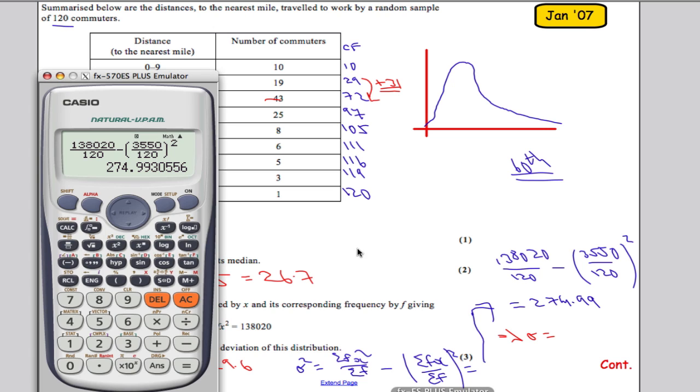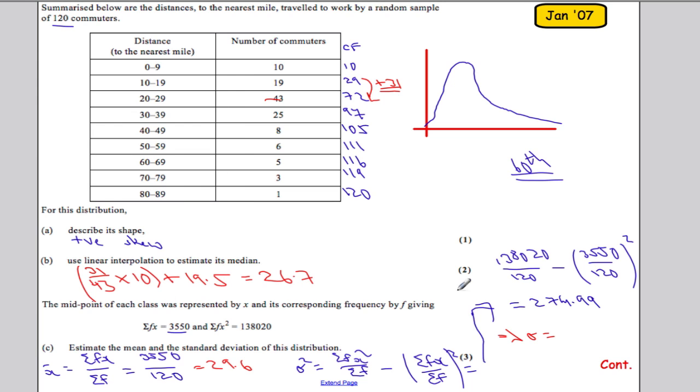So take the square root of your answer on the calculator. That gives me 16.6 to three significant figures.